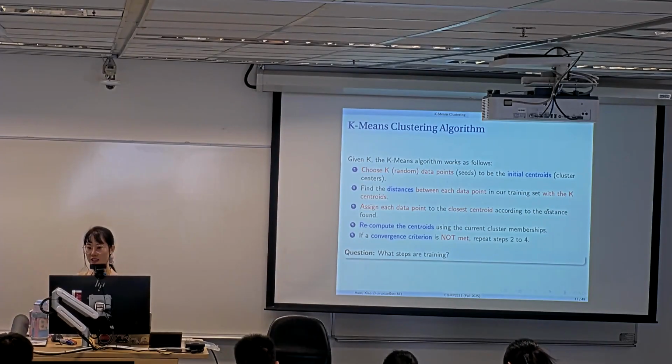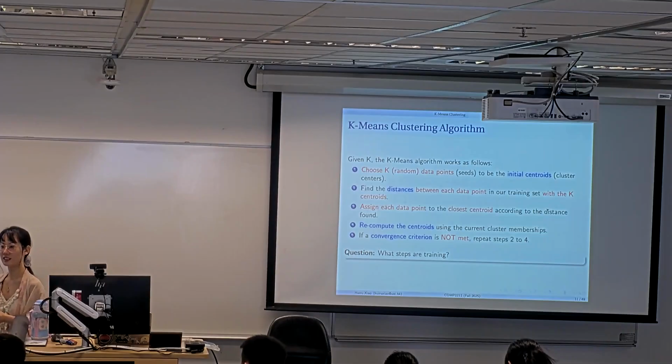Here is a question. It's a machine learning algorithm, right? And whenever we look at a machine learning algorithm, we want to know what steps are training here. What steps are training? Yes, 2 to 4 are training. So basically, the training is just this iterative process.